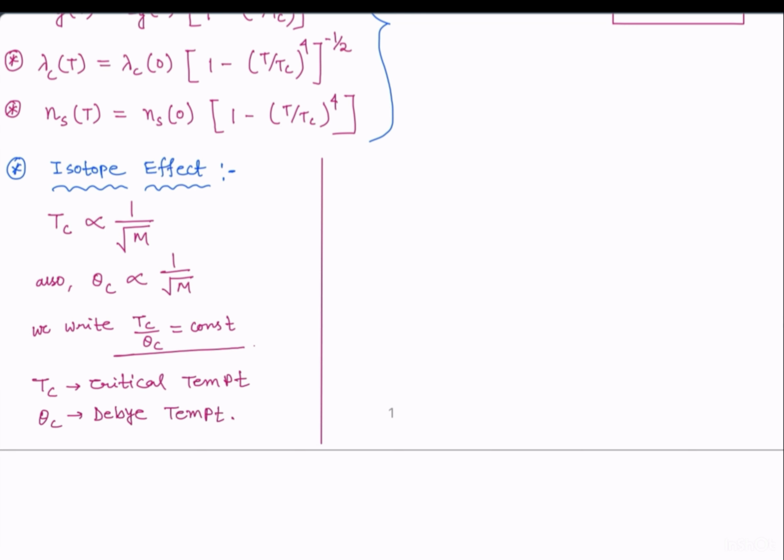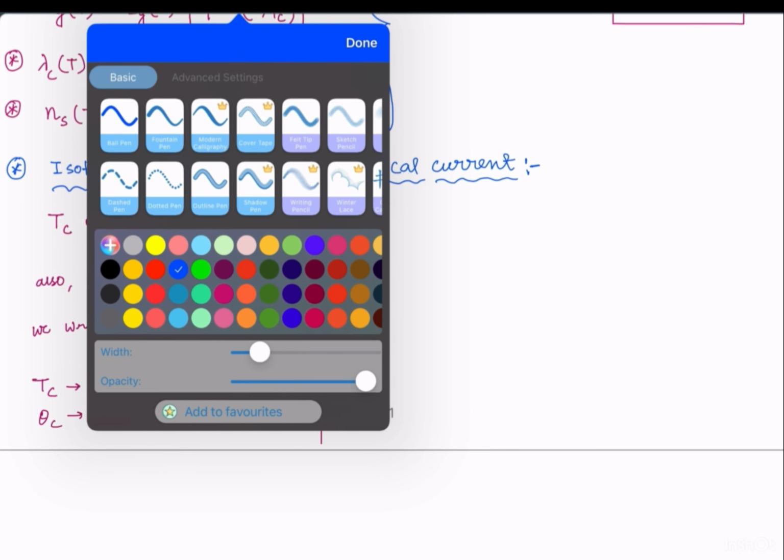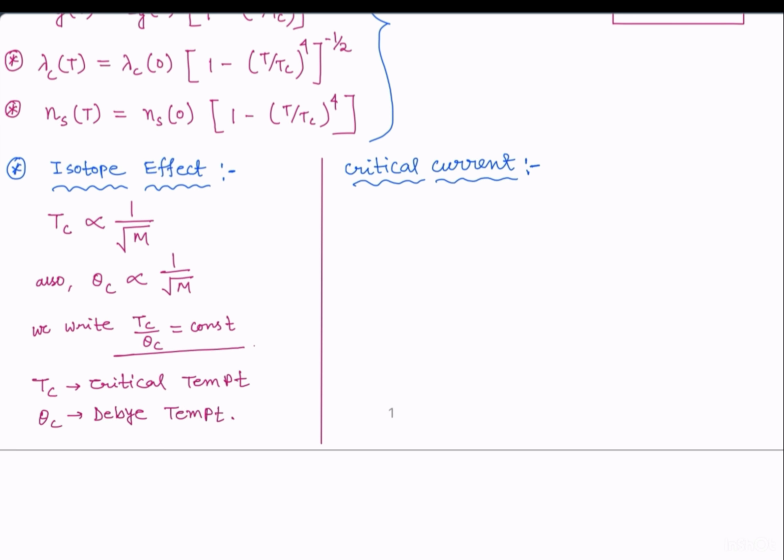So if we consider a wire of superconductor, then the current through the superconductor will be called the critical current, and it will be calculated through this formula: Ic equals 2 pi r Hc.